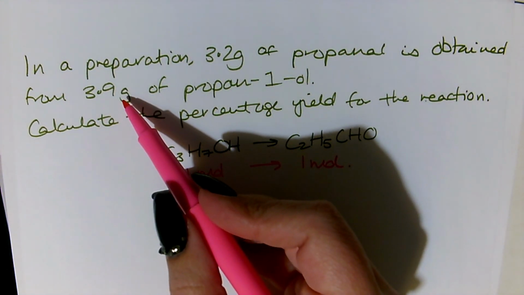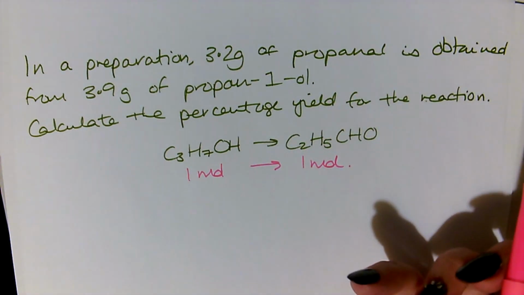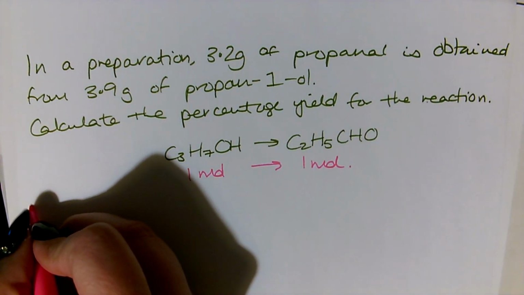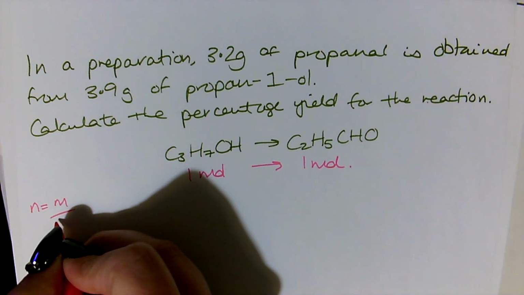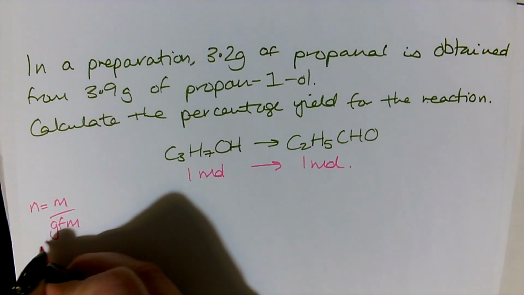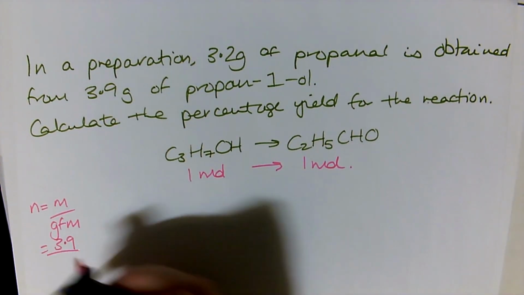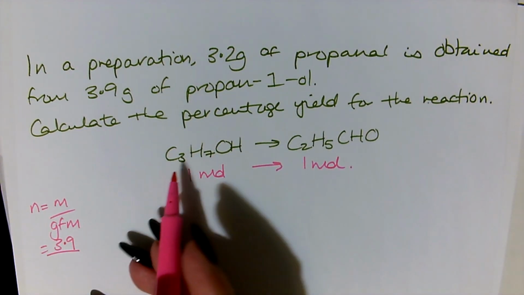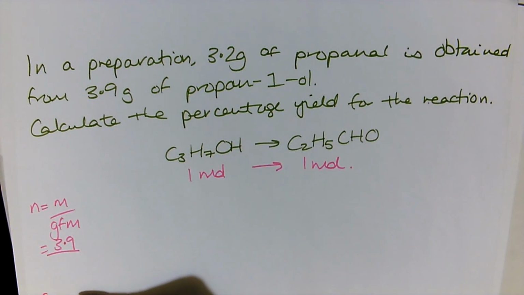We know that 3.9 grams of propan-1-ol is used in the reaction, so we can work out the number of moles by doing mass divided by GFM. You will have to work out the GFM based on the formula that we've got here for propan-1-ol.